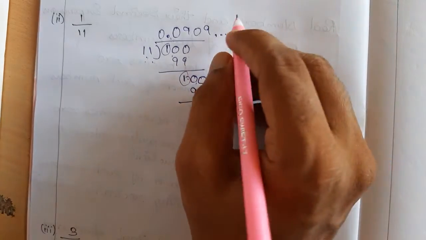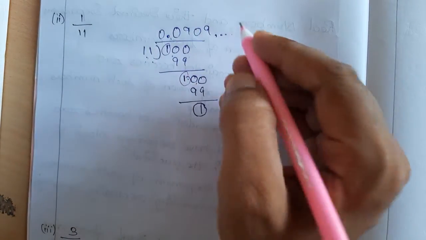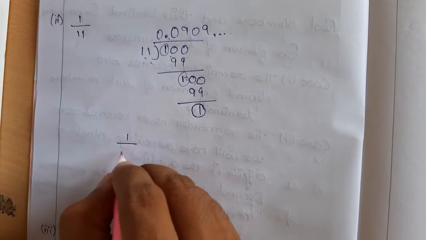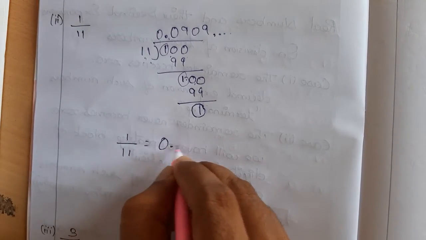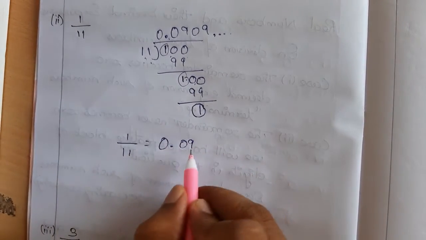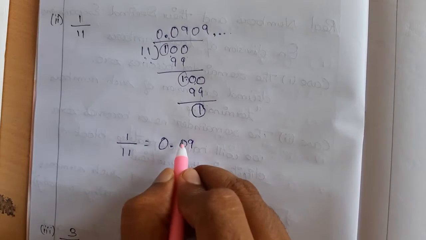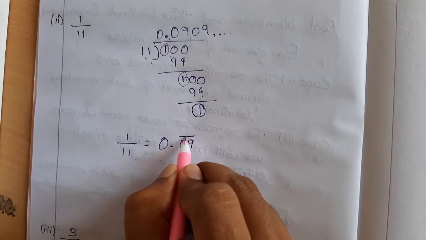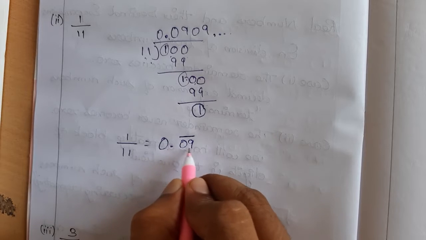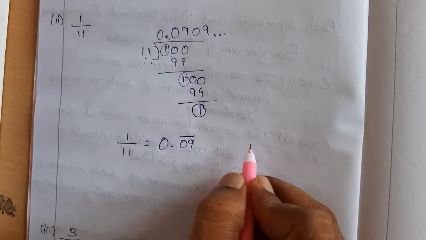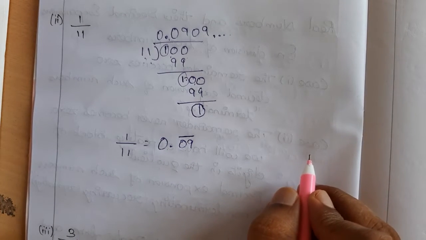So in the case of repeating, whichever block is repeating, we can add a bar to that. I will say 1 by 11 is equal to 0.09 with the bar, it is repeating, right? These 2 digits are repeating, so we can add a bar to those 2 digits. So it means 0.090909..., it will never terminate.